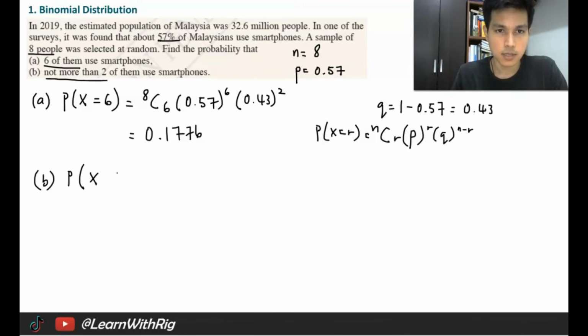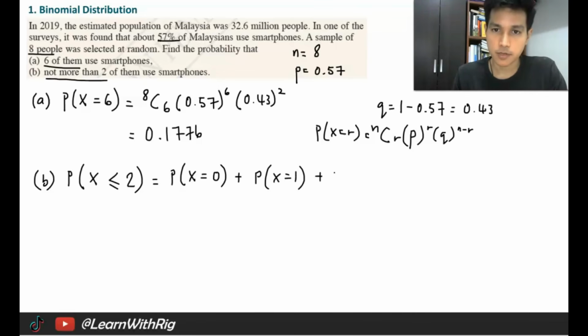Now, you have number of trials as 8, that means 8 people, but they want you to find the probability of 2 or less. So you want to find the probability when X equals 0, when X equals 1, and also when X equals 2.